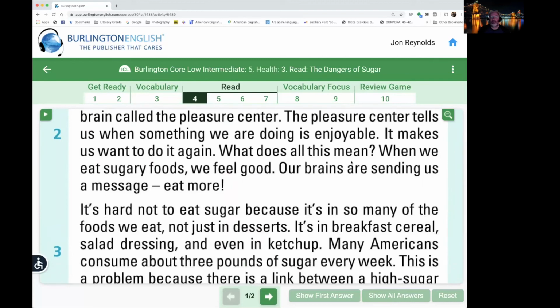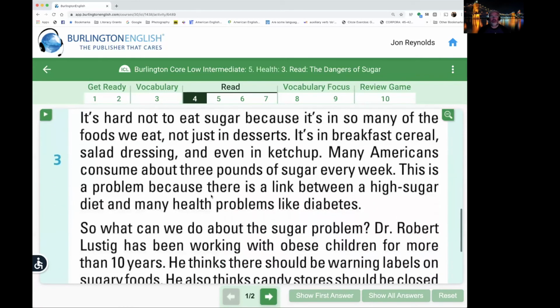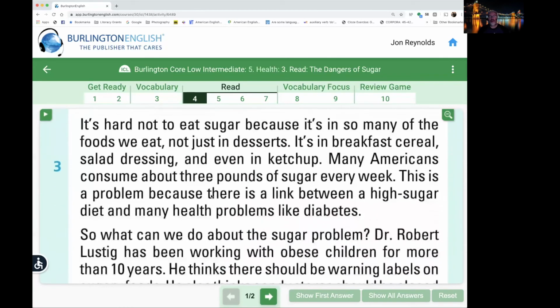What does all this mean? When we eat sugary foods, we feel good. Our brains are sending us a message. Eat more.